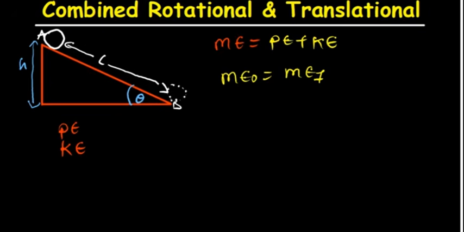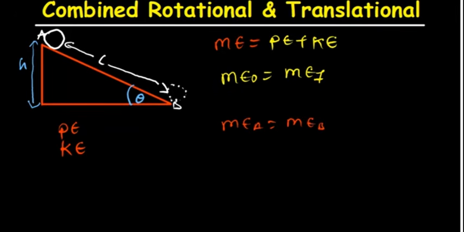Okay, now let's forget about rotational and just concentrate on translational. Let's assume an object is moving from point A all the way to point B. So the mechanical energy at point A will be equal to the mechanical energy at point B. Forget about rotation for now, but I'll come back to that.